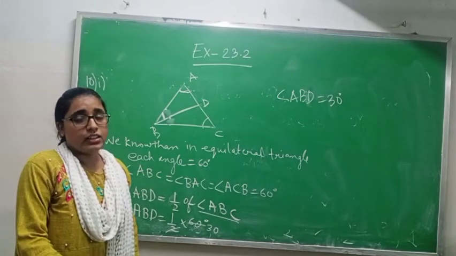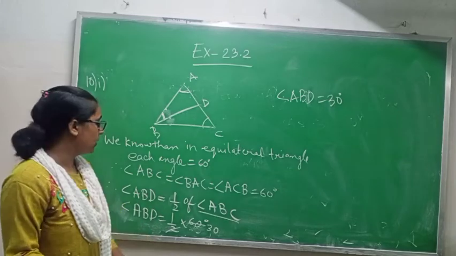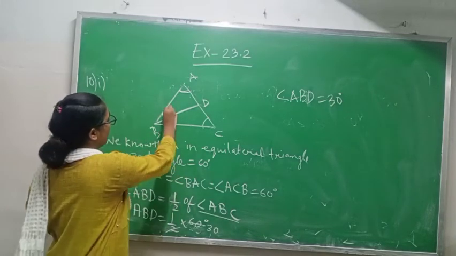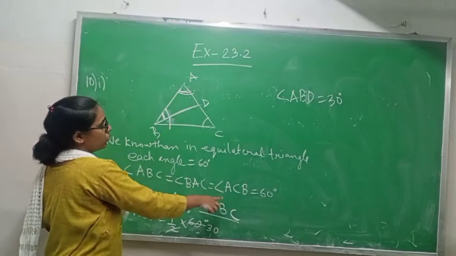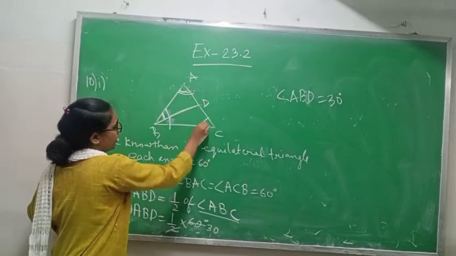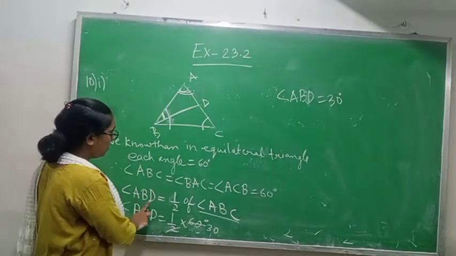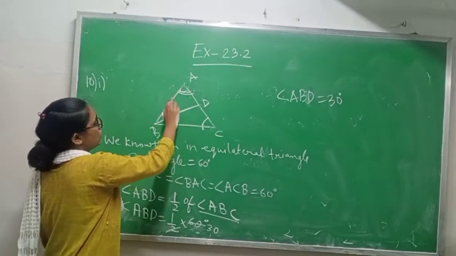Again I am repeating the things. In an equilateral triangle, all angles equal 60 degrees, means each angle equals 60 degrees. So ABC, this full angle, equals BAC, equals ACB, each angle is 60 degrees. Now I am finding ABD, means this much only, the half one.